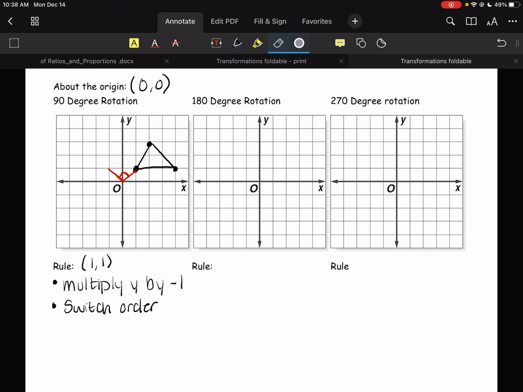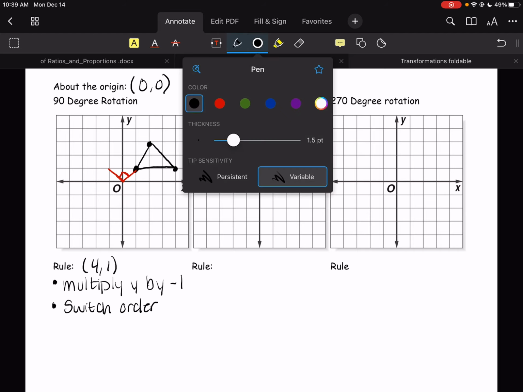And I'm going to use a different coordinate than 1, 1 so you can actually kind of see what's happening because 1, 1 is going to be a little strange. So let's use 4, 1. So the way this is going to work is you are going to switch the order and multiply your original y value by -1, or if you go in that order, multiply by -1, switch the order.